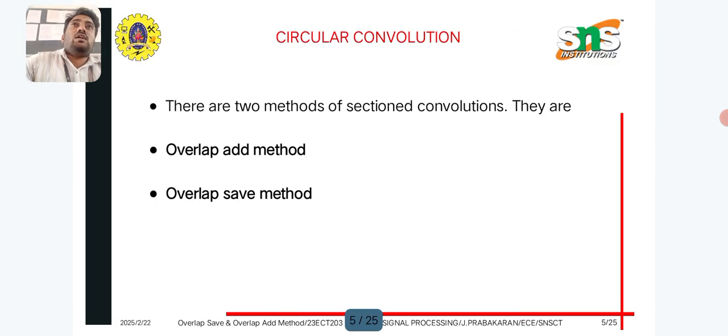Sectioned convolution is classified into two types. The first one is the overlap add method, and the second one is the overlap save method. What is the overlap add method?